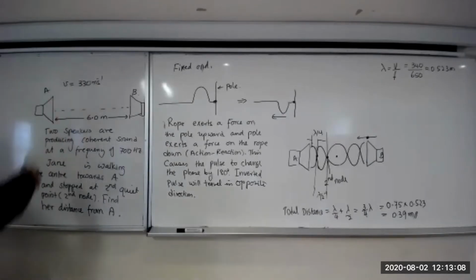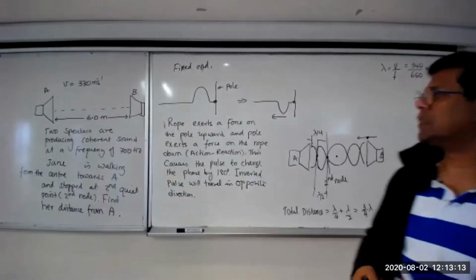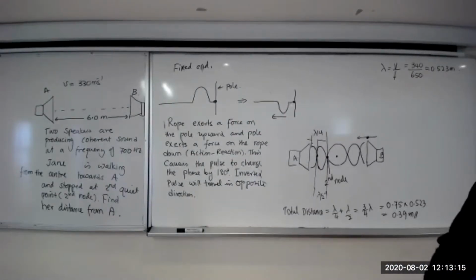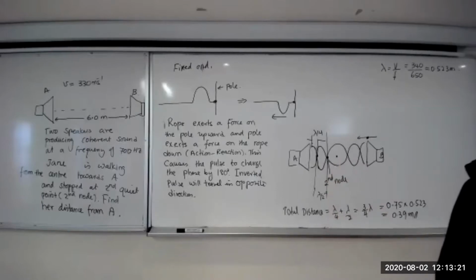The best thing is to draw a standing wave for ease of working the question. Just draw a standing wave; the center is always an antinode. So you can start counting.